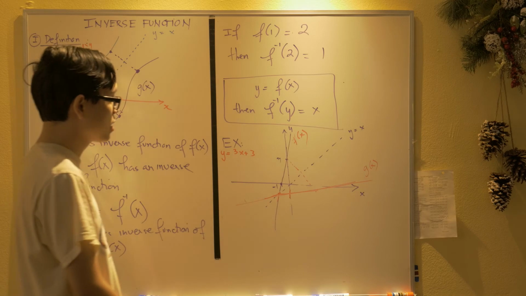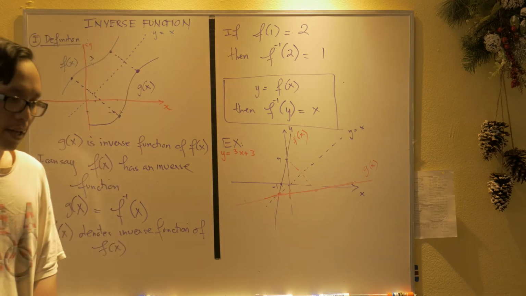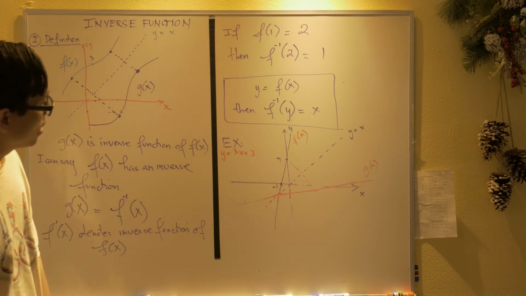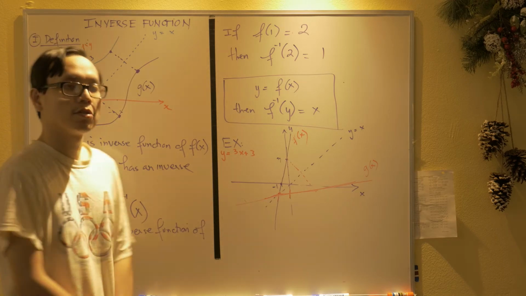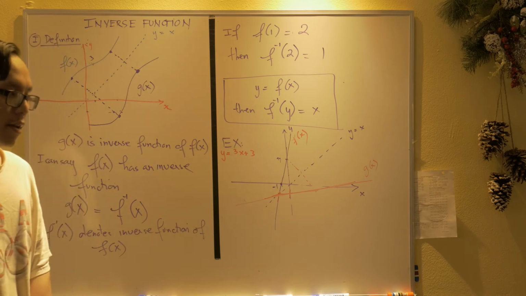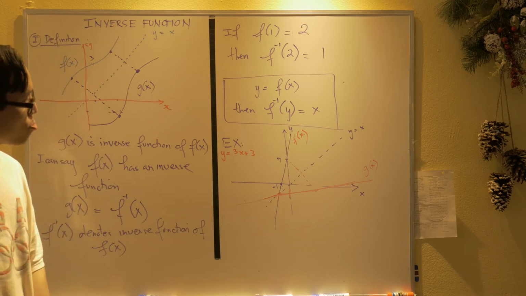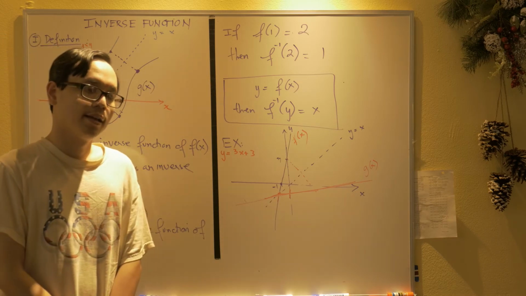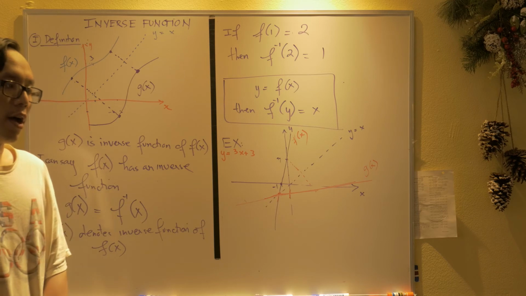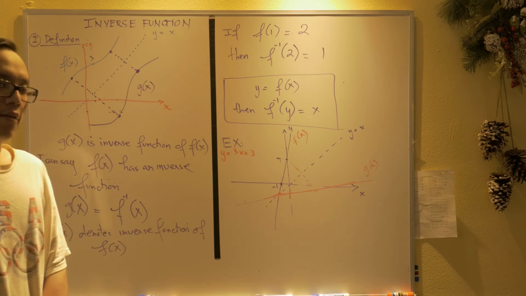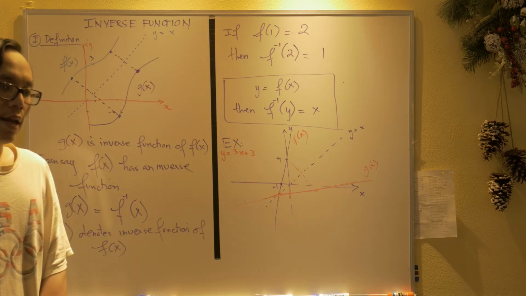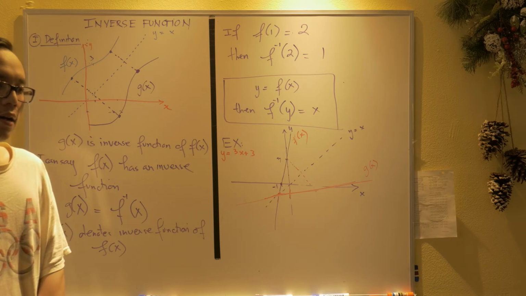They use something called a vertical line test. Okay. I'm not, vertical line test. Something called the horizontal line test. Okay. And the horizontal line test says that if you put a horizontal line on the graph of any function, and if it cuts the graph at one point, then it has an inverse.